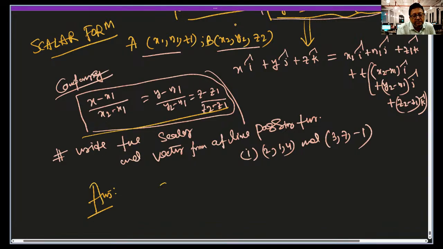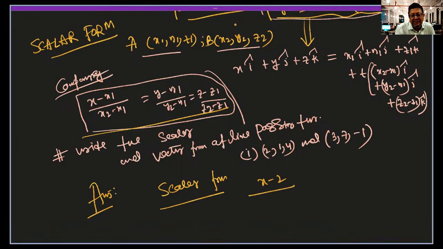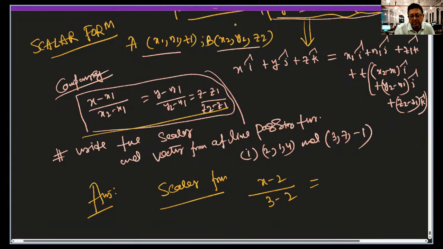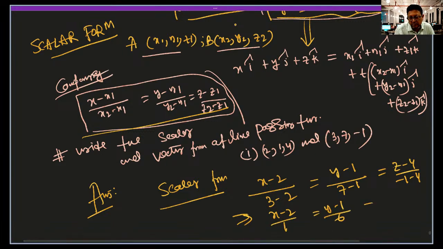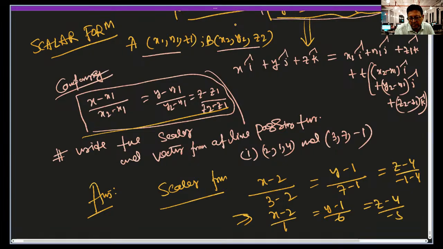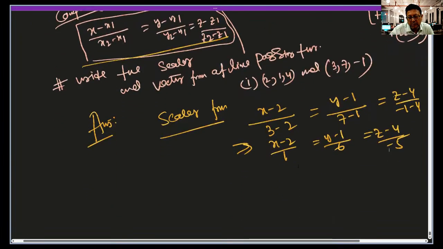So what? You can start with this form: x2 minus x1, y2 minus y1. This is the scalar form.